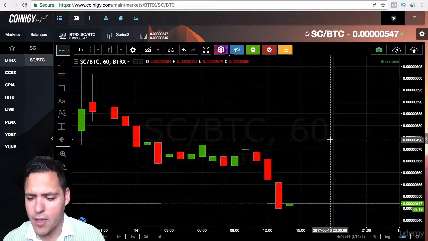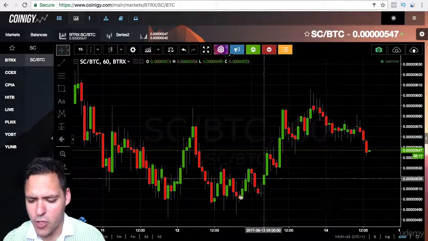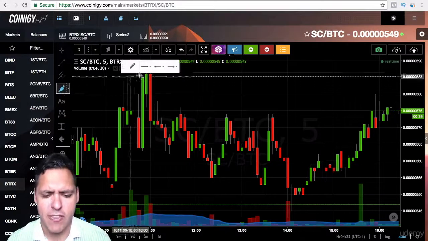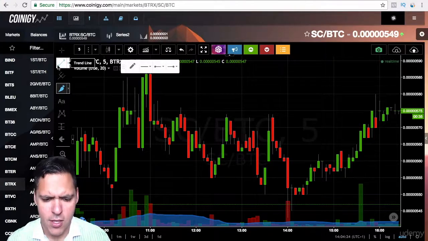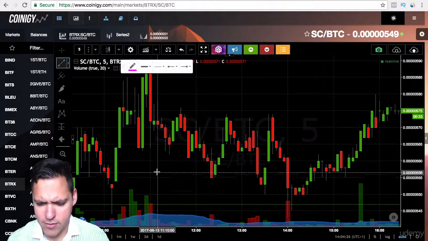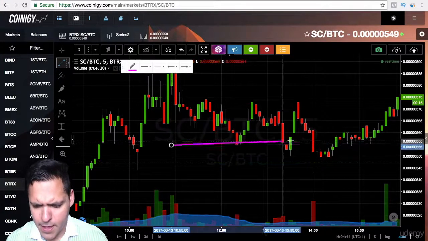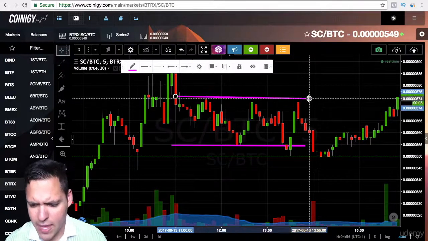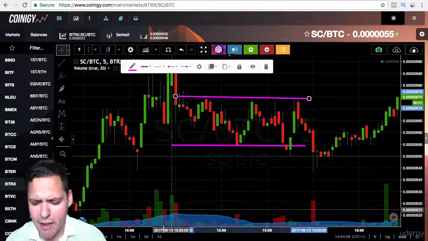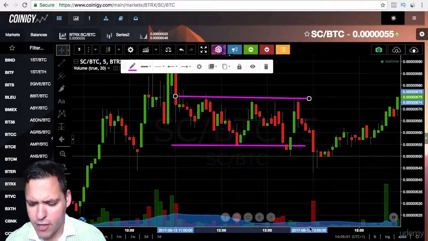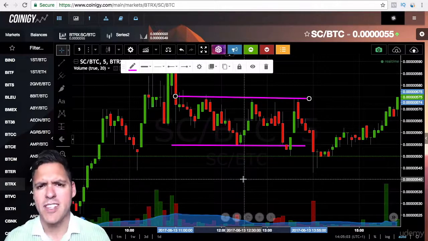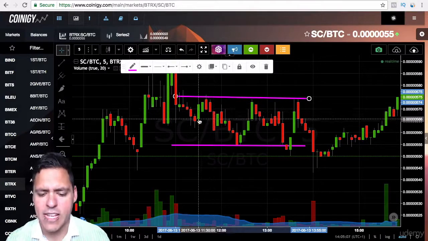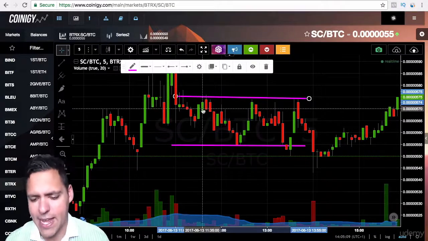All right. So if we just move over to the 1 day look, let's have a look at buyer support and seller resistance. If we just draw a trend line here and then draw a resistance line from here to here, you can see that for a period of 1, 2, 3, 4 hours, there was a tussle between selling activity, which are the red candlesticks, and buying activity, which are the green candlesticks.